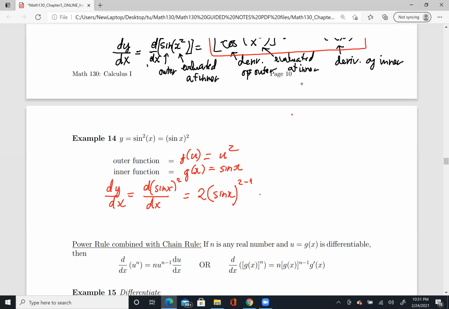So the inner was sine x, and its derivative gives me 2 times sine x times cosine x. Okay? That should be the answer.